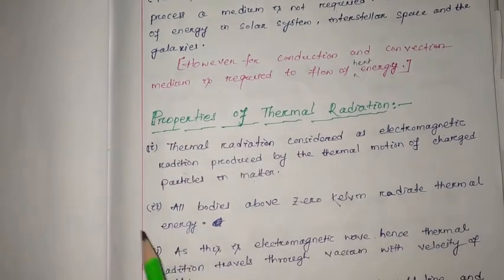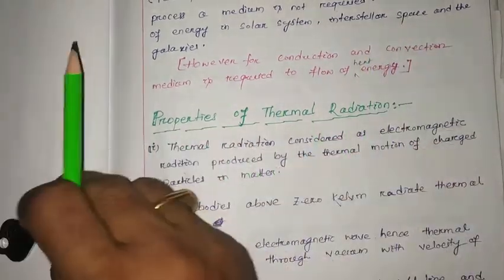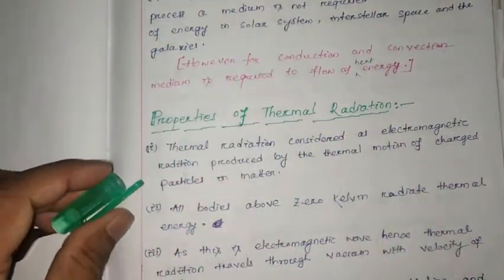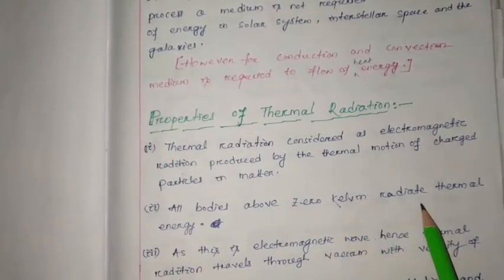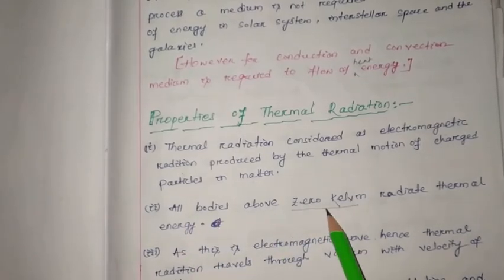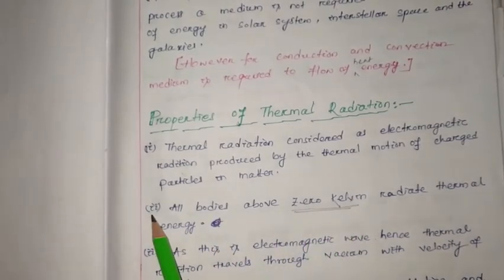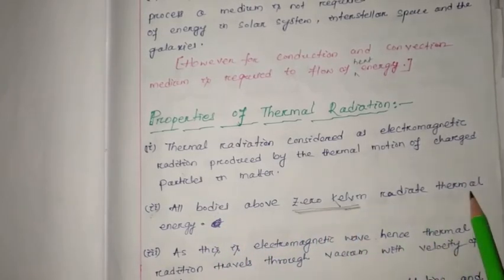All bodies, whether any metal or any insulator, all materials radiate energy above 0 kelvin. So all bodies above 0 kelvin radiate thermal energy; this is a most important point.